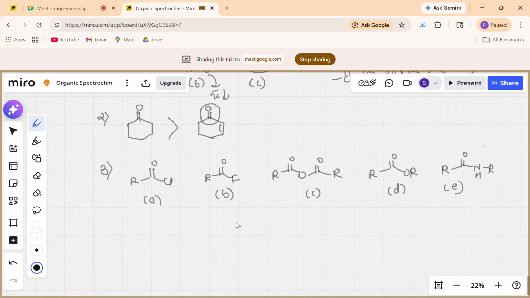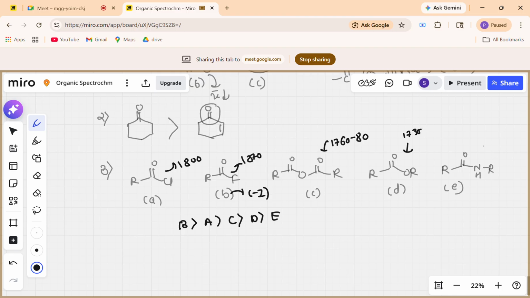So now, what will be the order here? BACDE. Yeah, correct. So that will be B greater than A greater than C greater than D greater than E, right?